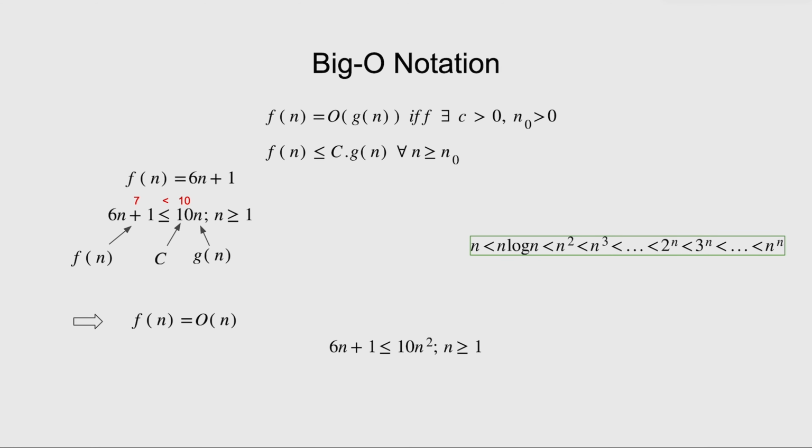So we can also write 6n plus 1 less or equal to 10n squared, and f(n) equals O of n squared. This is also true. But low-order terms are not true for this case, as those are the lower bound here. So the root n or log n are not true.